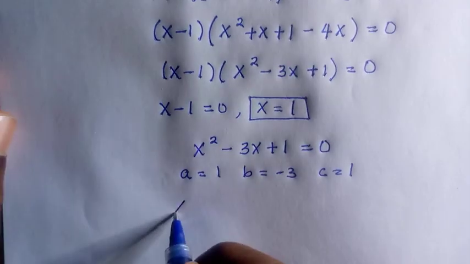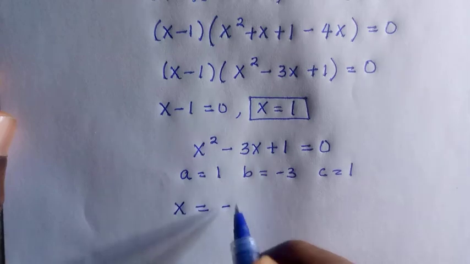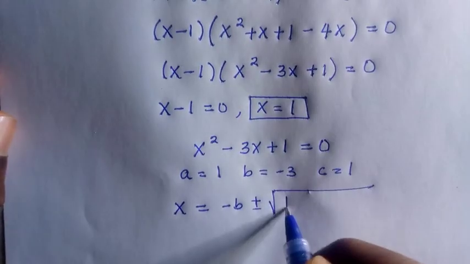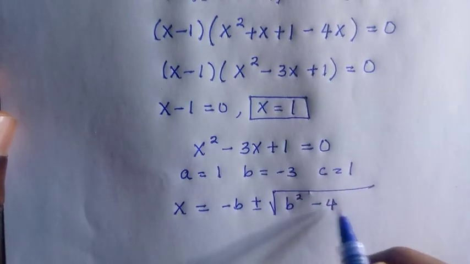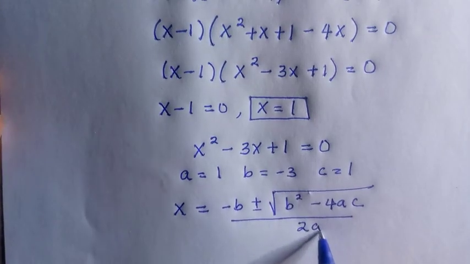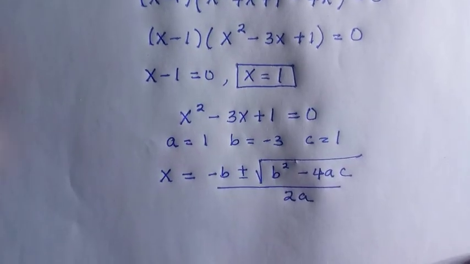The coefficient of x squared is a, the coefficient of x is minus 3, and 1 is the constant value. Let's plug it into the equation x equals minus b plus or minus the square root of b squared minus 4ac, divided by 2a. We call this the quadratic formula.